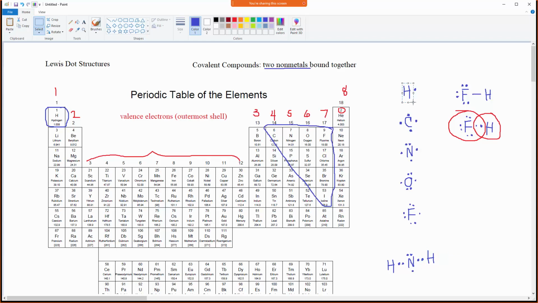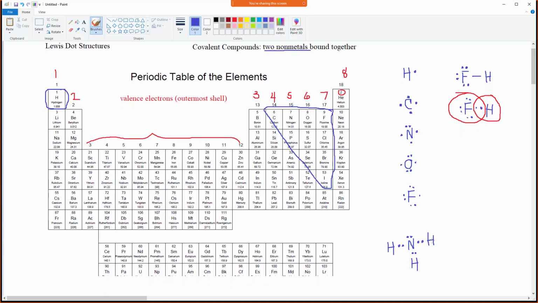And then we can take another one and put it there with his dot here. And if we do that, I hope you guys can see it works really nicely for nitrogen to make 3 single bonds to hydrogen atoms. They can fit 3 hydrogens on there, and now each hydrogen feels like he has 2 electrons.